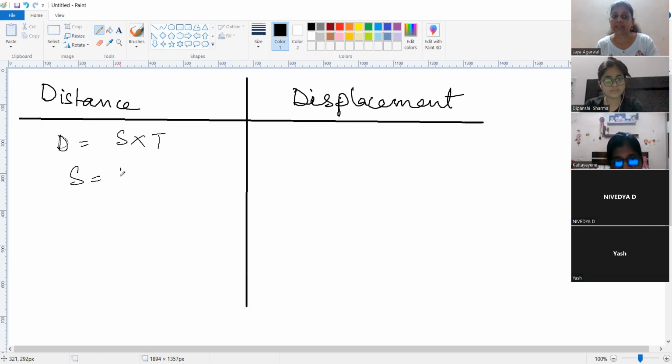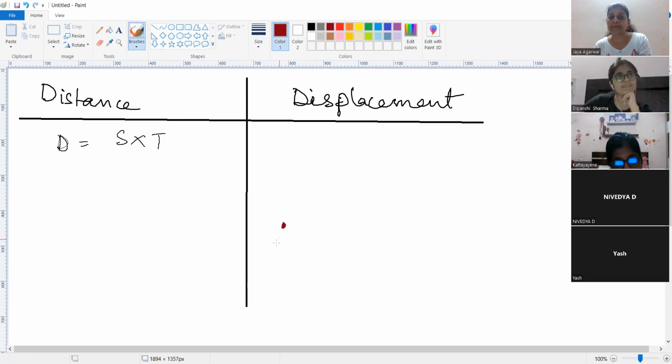So I am taking distance as speed into time. We are not here to discuss the formula of distance, but we need to understand the difference between distance and displacement.